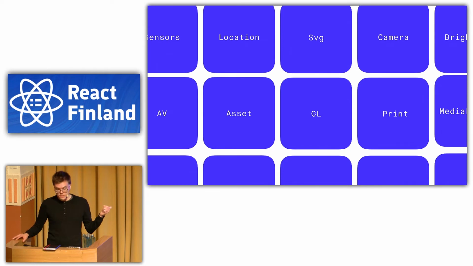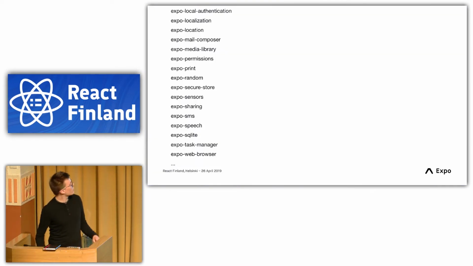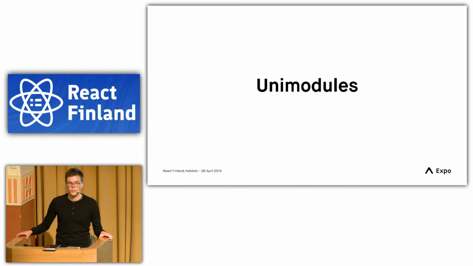And these packages can be used in Expo apps, but they can also be used in any React Native project. And they support Android and iOS, and most of them already support web as well. There's quite a lot of them. This is just a small sample of the list. And these are called Unimodules.